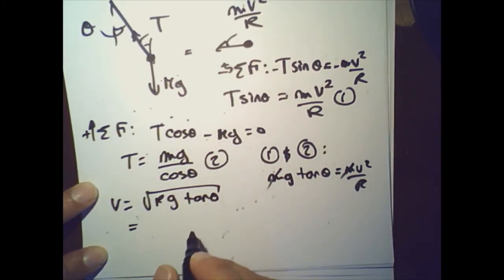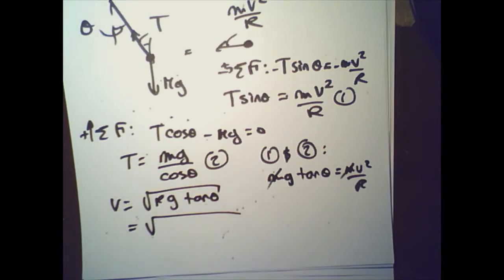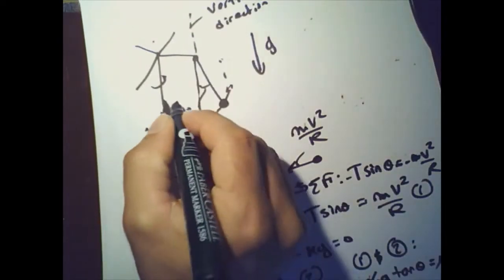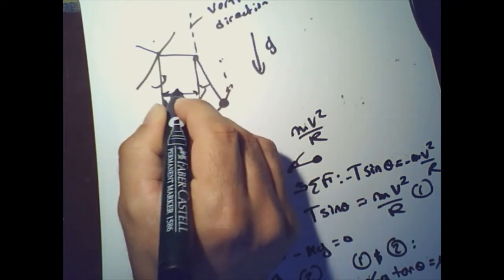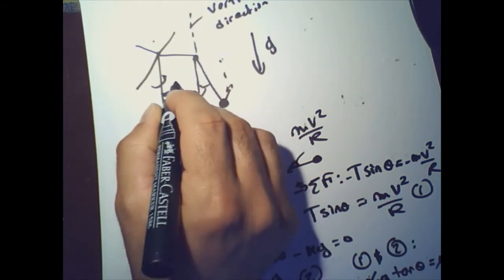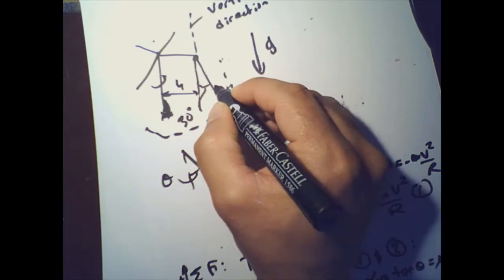If you do the calculations, what is your radius in this case? The radius is 4 meters, and the length of the cable is 6 meters. So from here to here we have 4, and the cable length is 6.